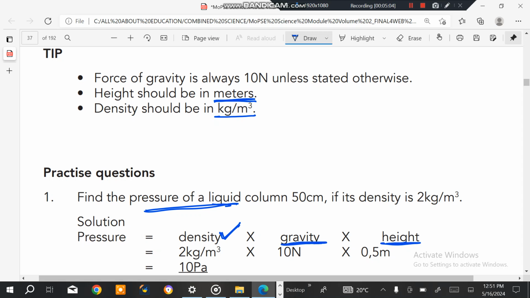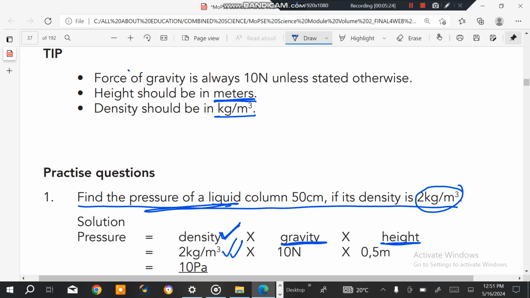So what are you going to do? You are going to substitute. They are telling you that the density is 2 kg per cubic meter. And why did we use 10 for gravity when the question doesn't give gravity? The reason is very simple.